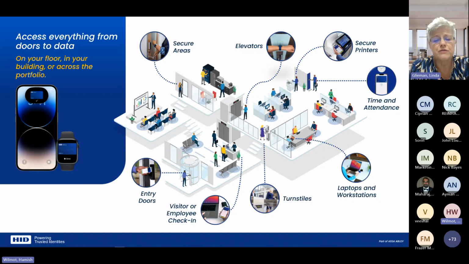Mobile credentials can therefore be used, if we look at the picture, to access doors, booms, turnstiles, elevators, lockers, canteens, purchasing at canteens, vending machines, can be used for secure printing, and as well as logging onto PCs.